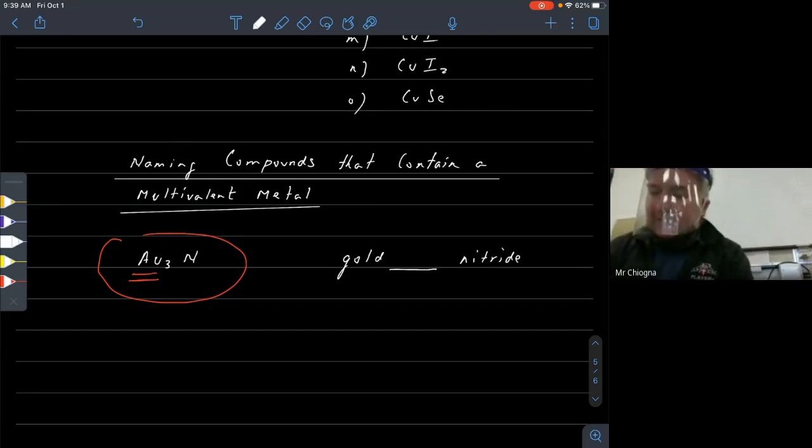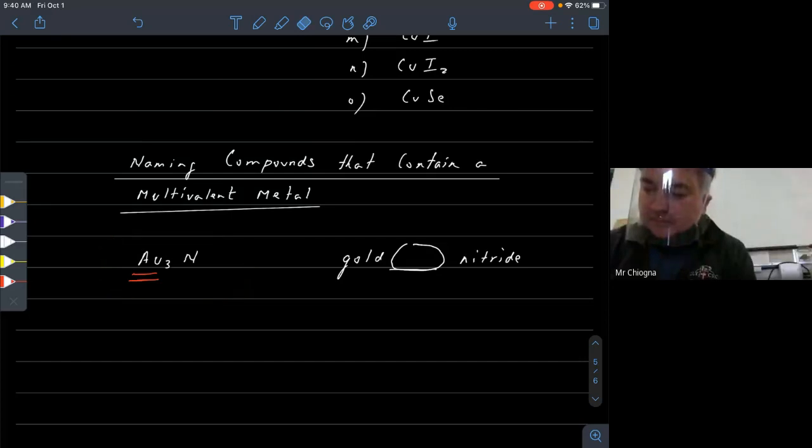Now, here's the hard part. What goes in there? Go back to the formula. And reverse the crisscross. Gentlemen, this is hard, so pay attention. Focus. Put the 3 there. There's a 1 there. It's not shown.